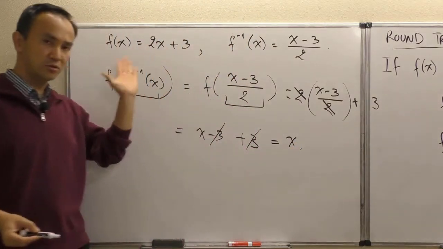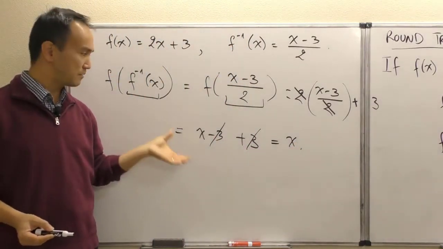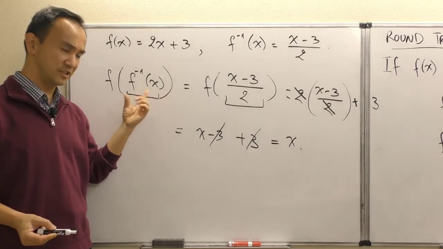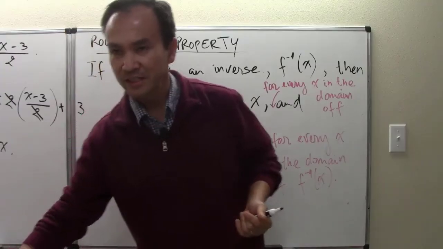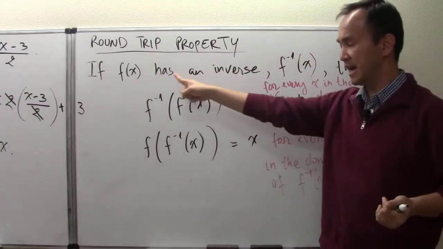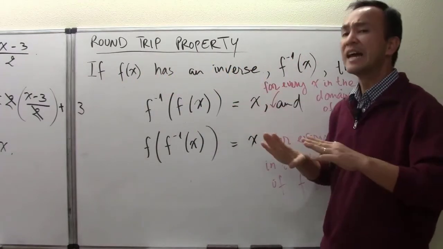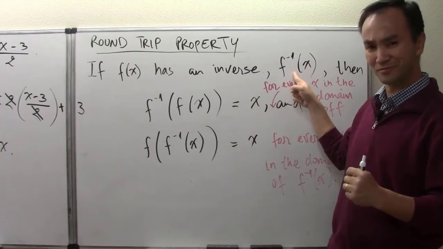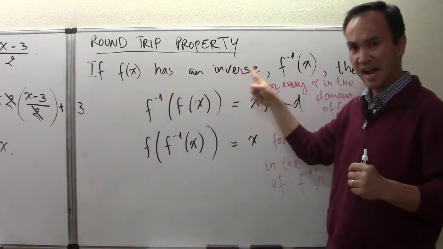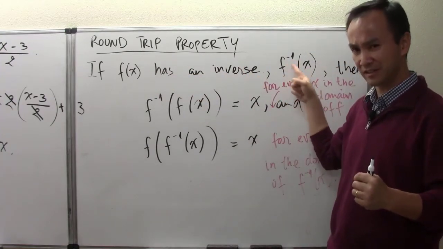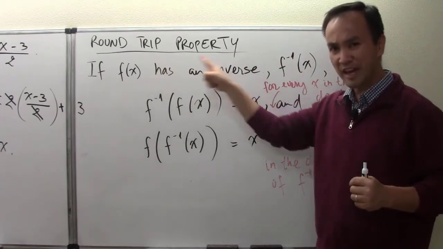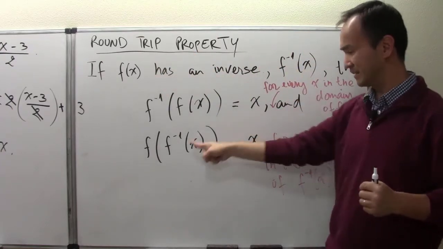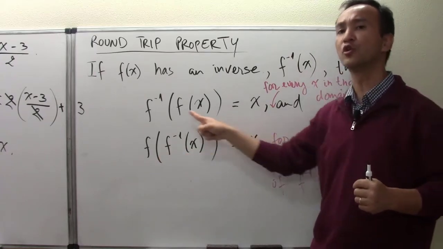So that little demonstration here, once again, has just proven the statements stated in this round trip property. As long as we know this function f of x has some inverse, and we call the inverse f with the superscript -1, as long as we know they have the inverse relationship, then this statement here is also true.